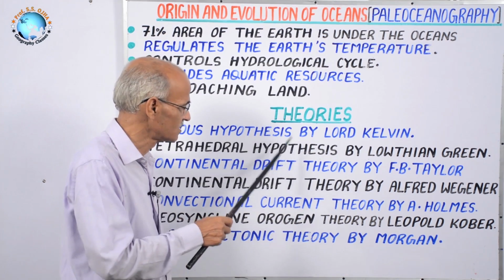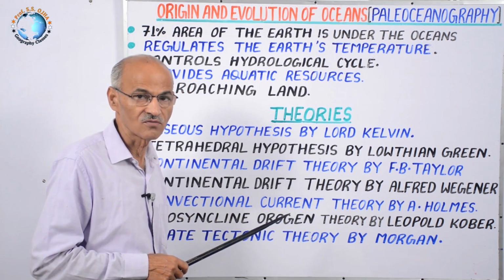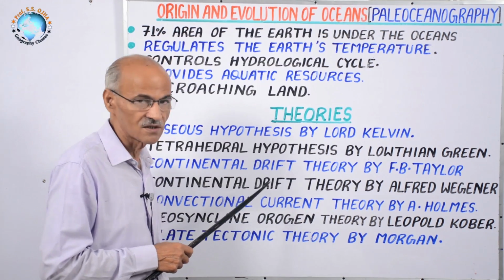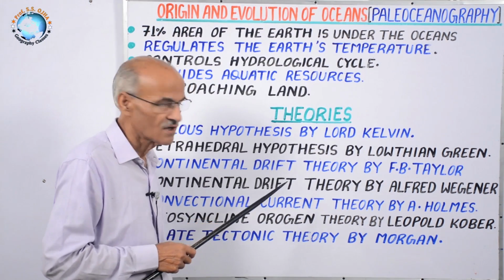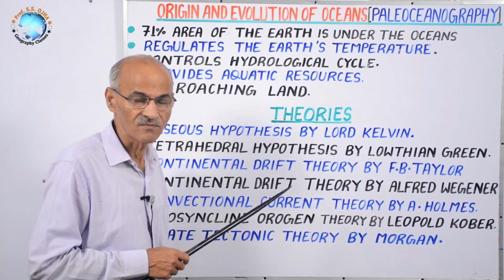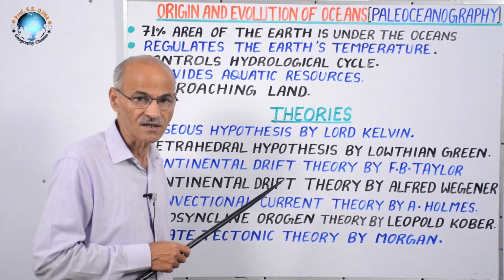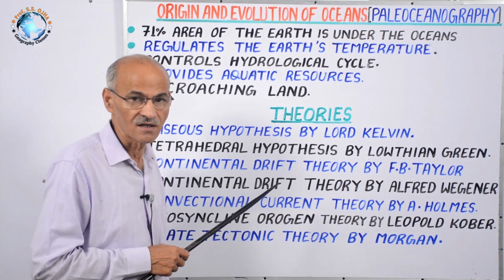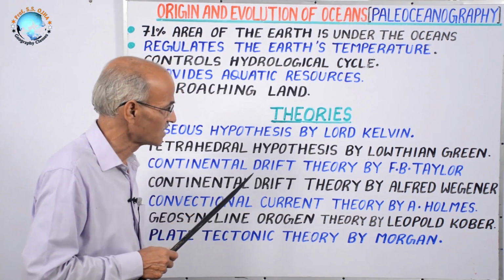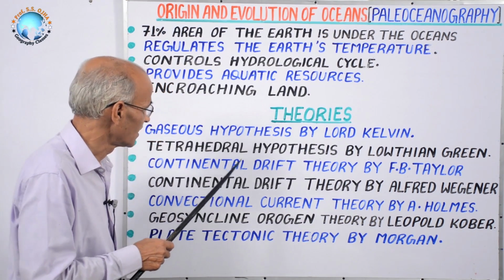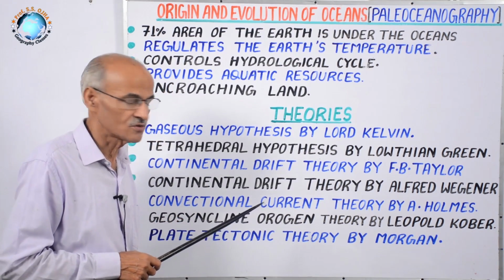You might have studied geomorphology, and the first chapter of geomorphology is related with the theories pertaining to origin of continents and ocean basins. There are two groups of theories, one contractional and second continental drift. So let us have a short glimpse of those theories, and it is a subject matter of paleoceanography.